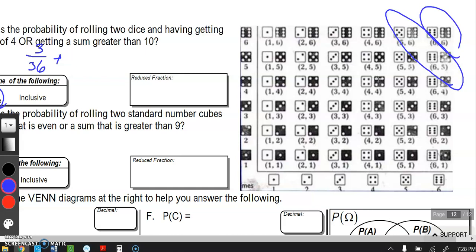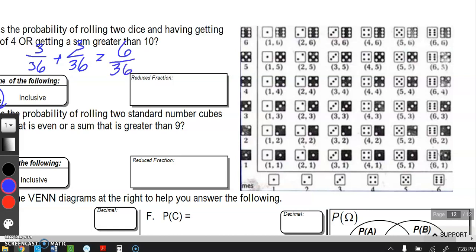Those are greater than 10. So there's only 3 of those as well. So 3 out of 36 for that one. So that's going to be 6 out of 36, which is equal to 1/6.